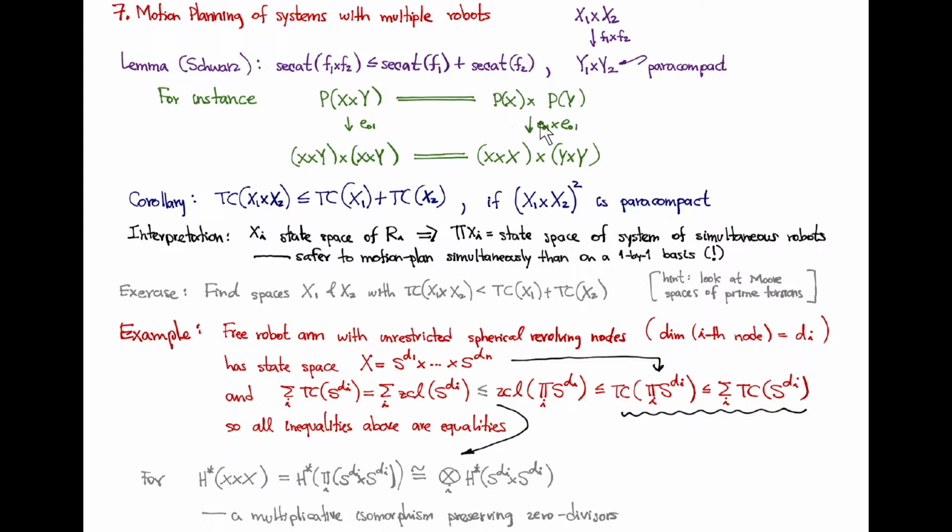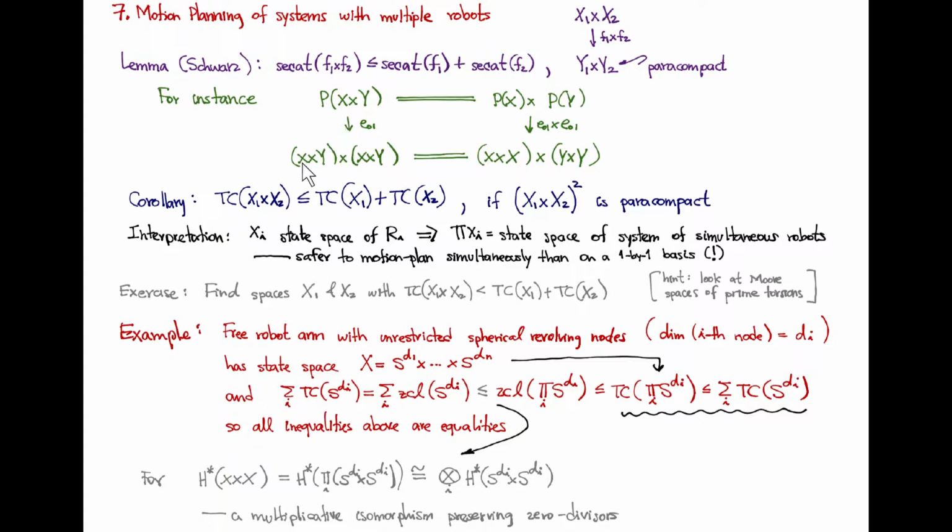For instance, take the Cartesian product of the double evaluation map for Y and for X, or the double evaluation map for the Cartesian product. Again, a path in the Cartesian product is a pair of paths. And the evaluation map here takes the first path and the second path evaluated at 0, 0, and then 1, 1. But notice that this space is the same as this space as soon as you swap these two factors.